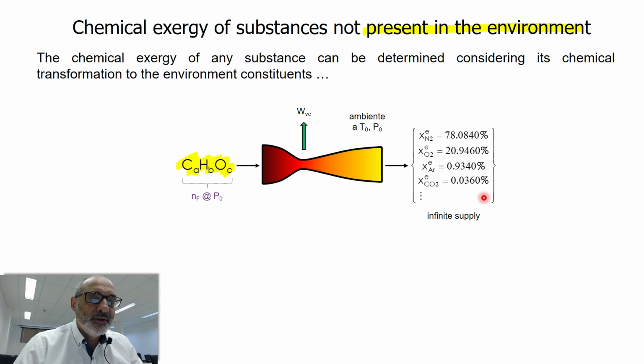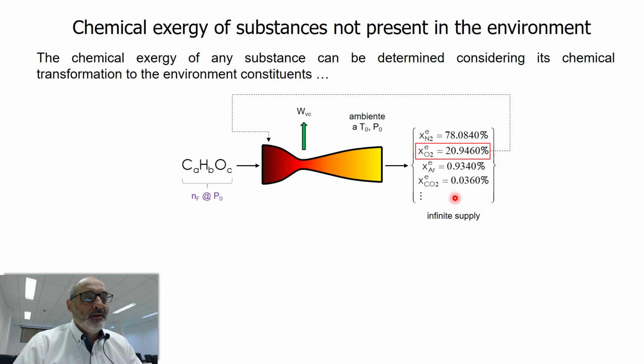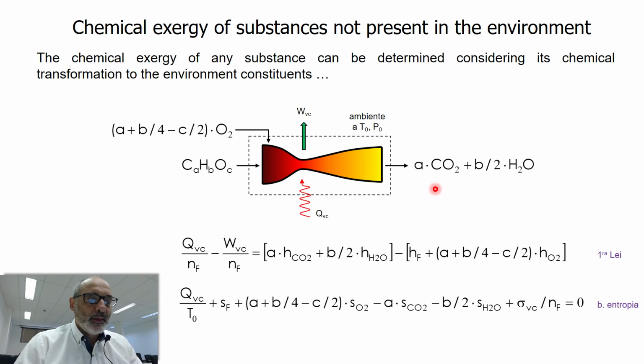I have carbon atoms in the atmosphere, I have hydrogen atoms, and oxygen atoms. So the idea is that I'm going to use some of those components, oxygen for instance, since the environment has an infinite supply of oxygen. I'm going to allow this oxygen to react with fuel in order to generate components that are present in the atmosphere.